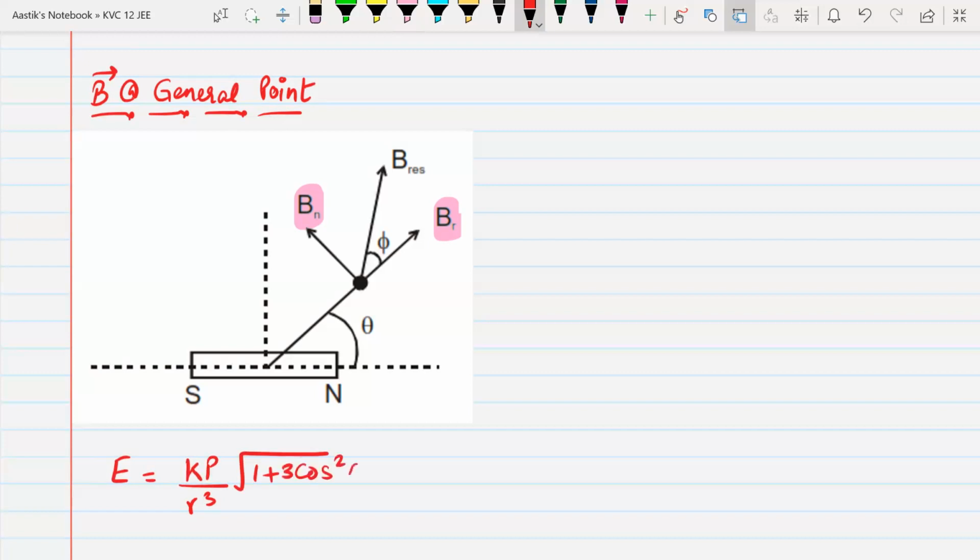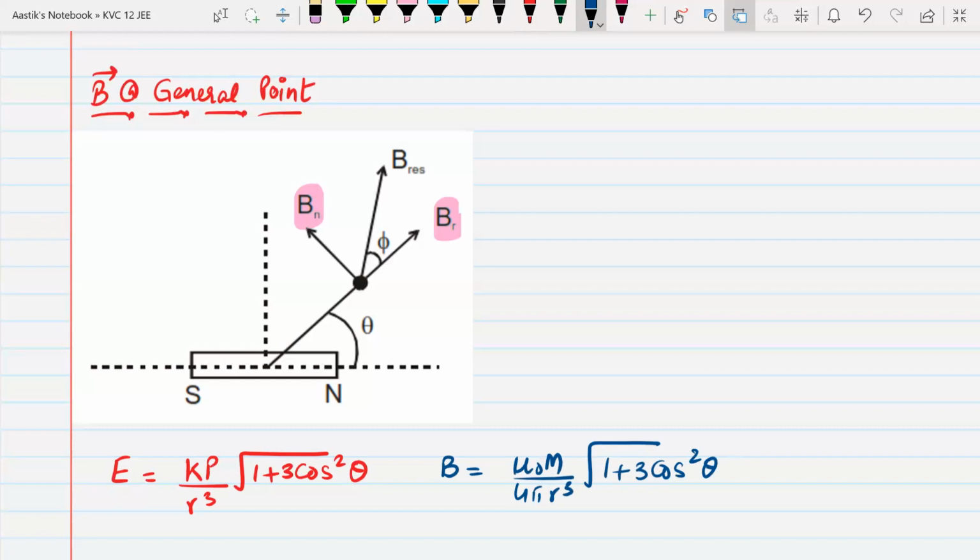Do we remember this? What will be the formula for magnetic field at a general point? Mu naught m by 4 pi r cube root over 1 plus 3 cos square theta. We understand this, everyone?